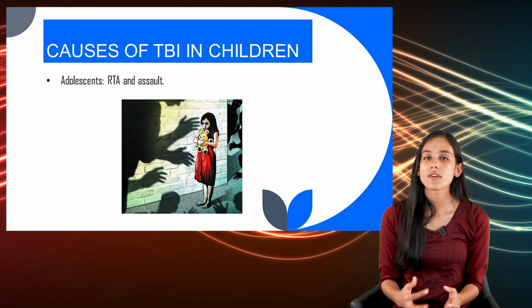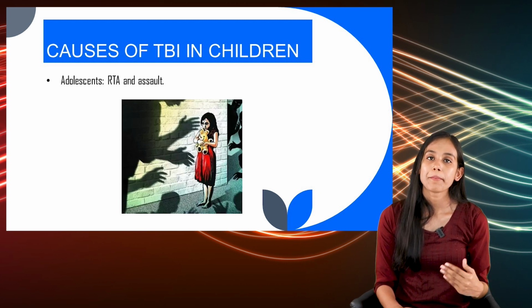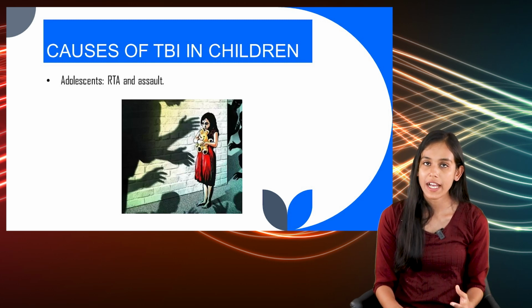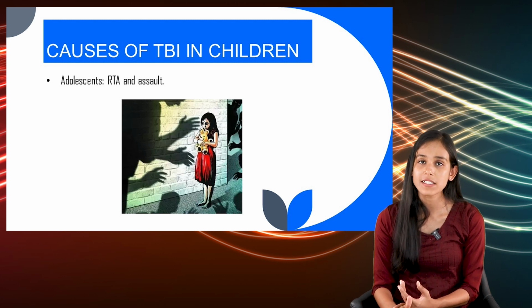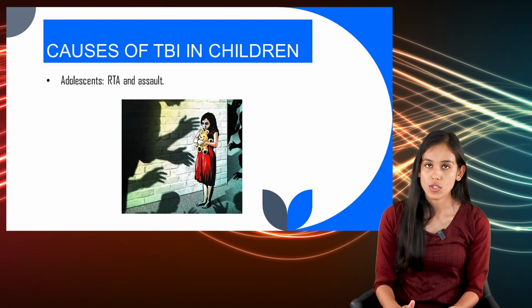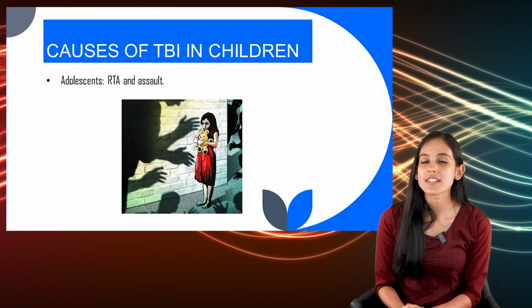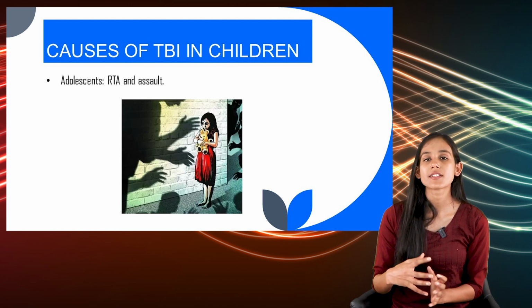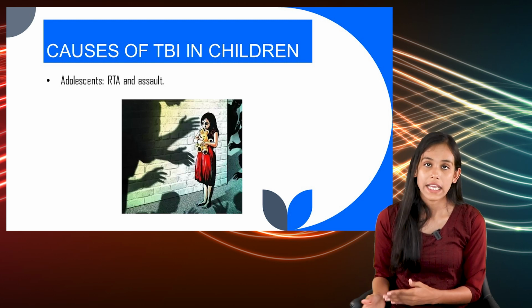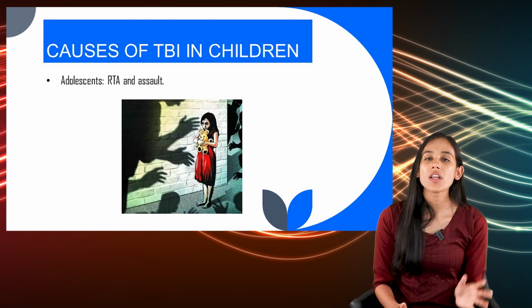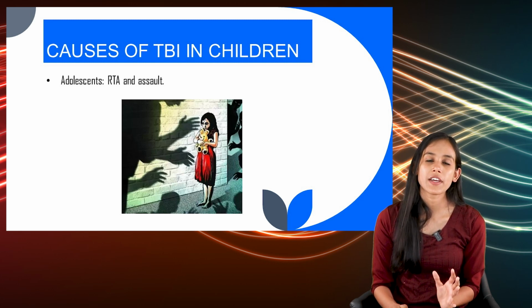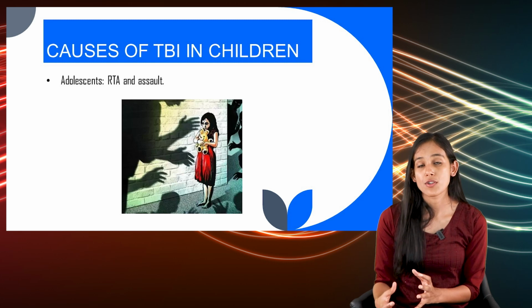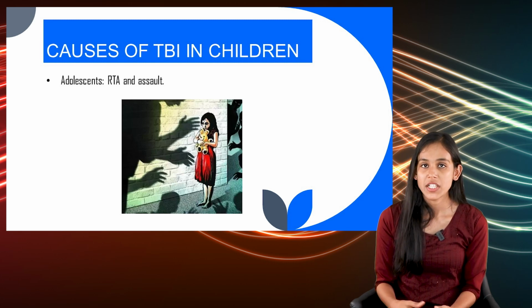In adolescents also, it is very common that there might be road traffic accidents, or motor vehicle accidents, and then assault. What we can see is that assault or abuse is a cause across all age groups, a very common cause of head injury in children.